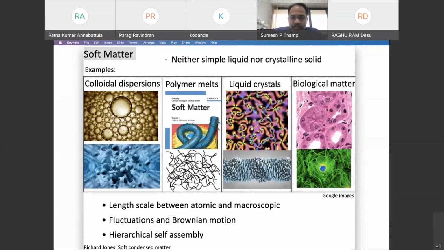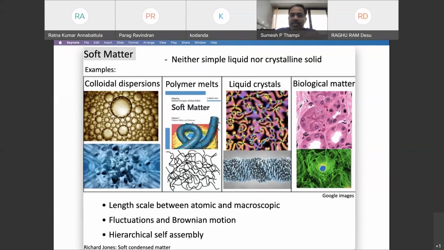The third feature is what I call self-assembly, meaning they all have a tendency to self-assemble into structures. So you don't need to apply an external force to make a structure, but they themselves have a tendency to form self-assembled structures. And this is because there is a competition between the entropy and the enthalpy in the system.